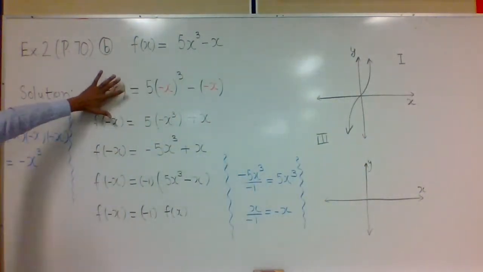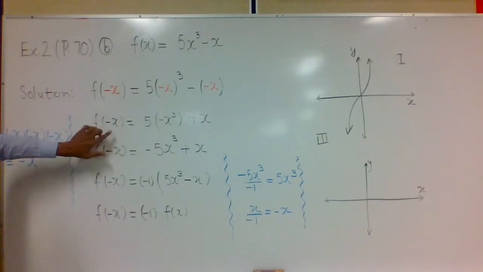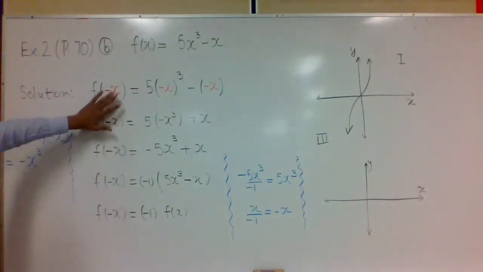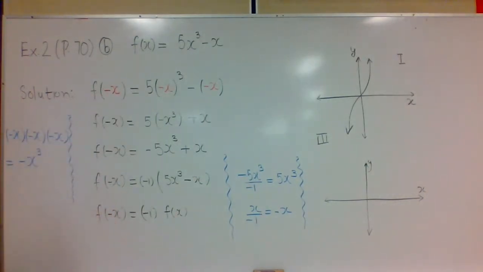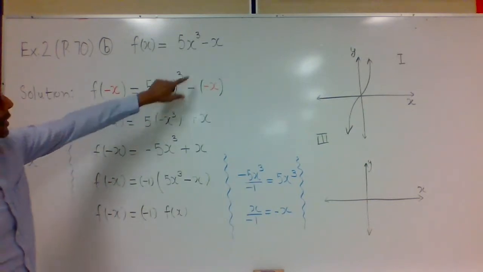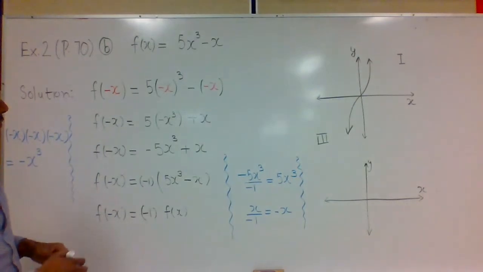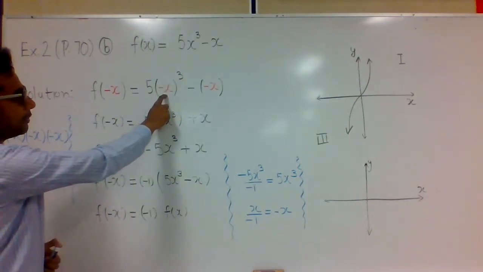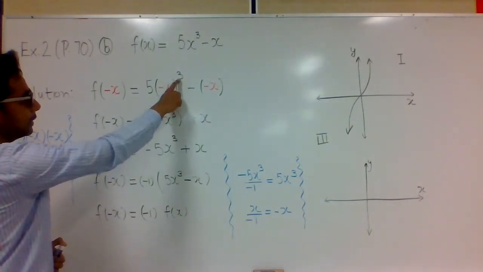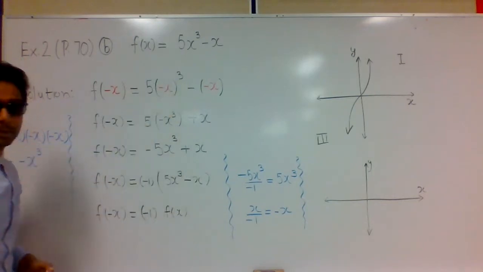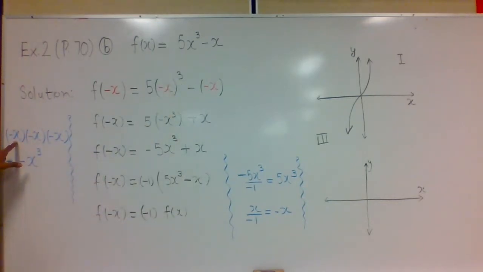Then the left side is just going to stay as f of negative x. So you can already write that. And then you will try to simplify the other side. First, let's deal with (negative x) cubed. It actually means negative x multiplied by negative x multiplied by negative x.